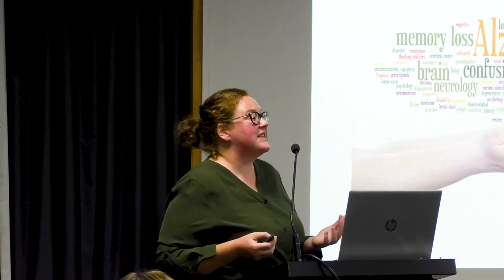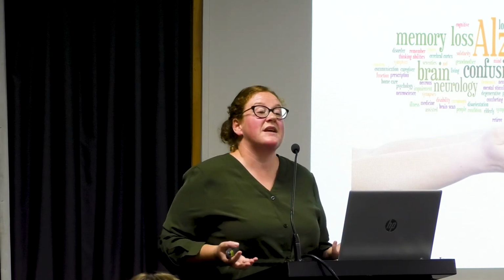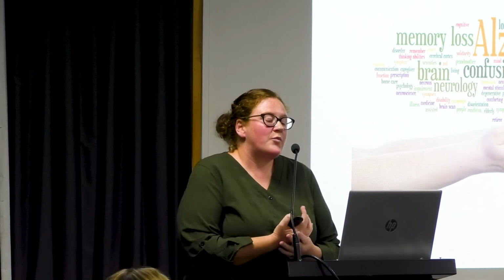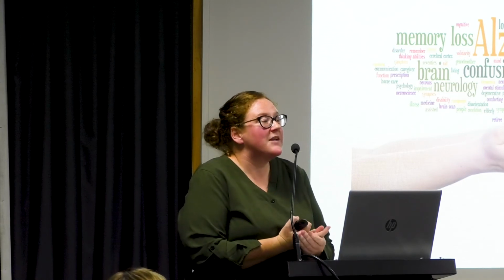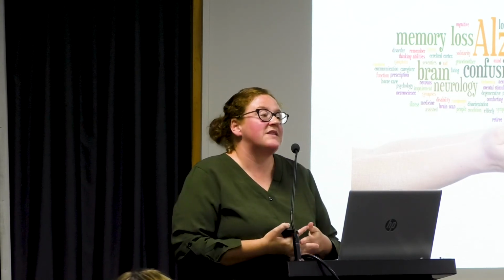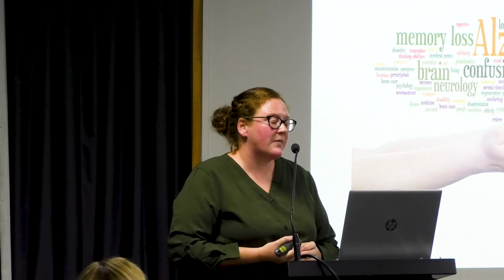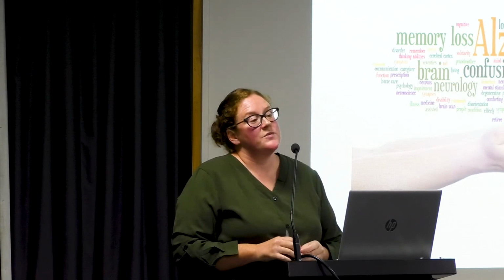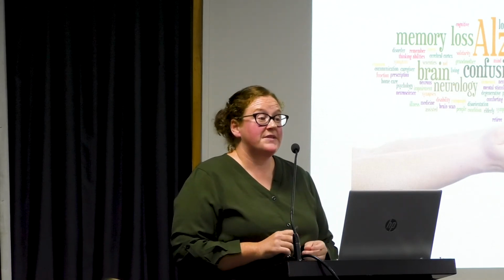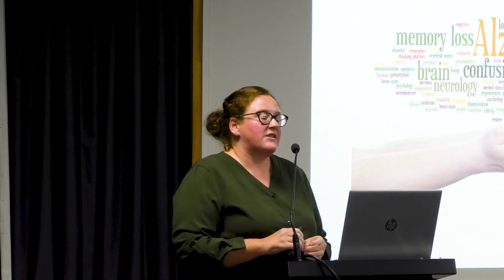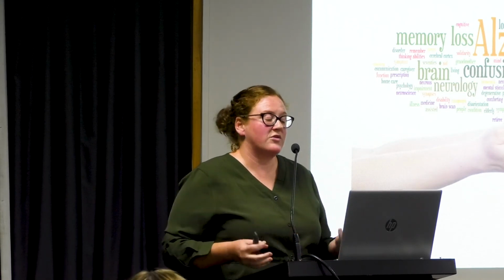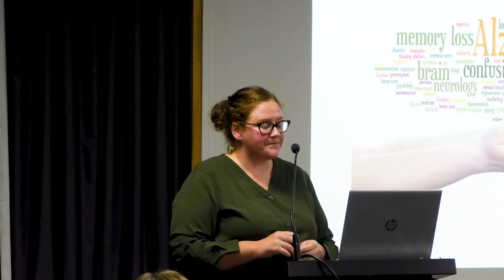So another disease that we're also looking into is Alzheimer's disease. And probably you know something about this disease. It's quite common. It's the most common form of dementia. And the most common symptom that people have is memory loss, but this actually proceeds to confusion and loss of a bunch of different functions.